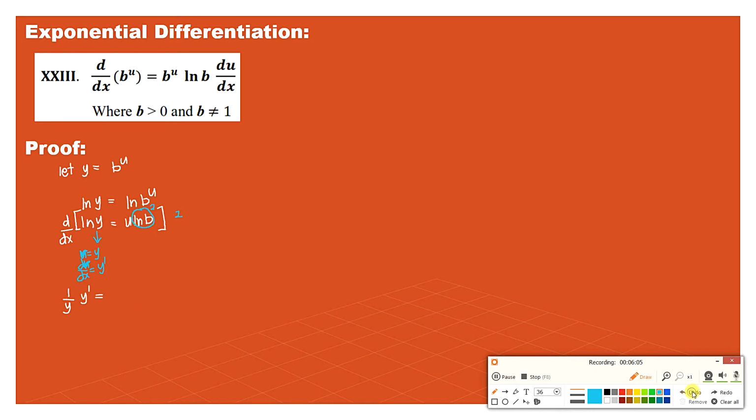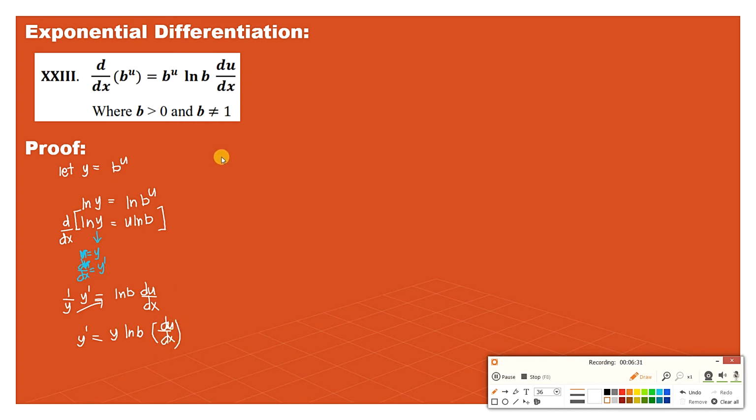So, magiging ln of b du over dx. Para hindi kayo malito. Tapos cross multiply ulit si y. So we have y prime is equals to y ln of b times du over dx.